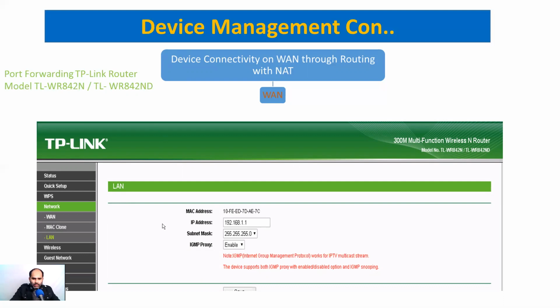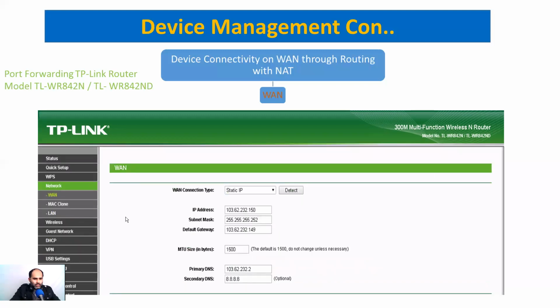You just have to see your LAN IP address is this, with no need to change anything here. Next we have the WAN interface. These are the settings that your router is getting through DHCP, Dynamic Host Configuration Protocol, from your ISP. This IP we will configure in our software, and through this IP we can access our biometric machine.